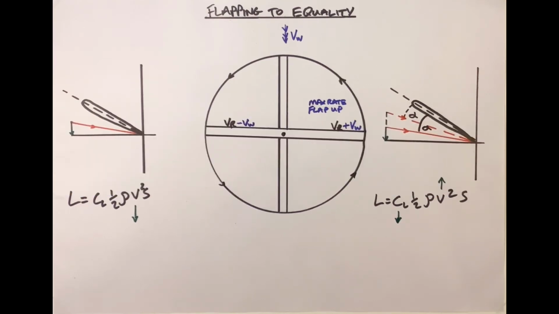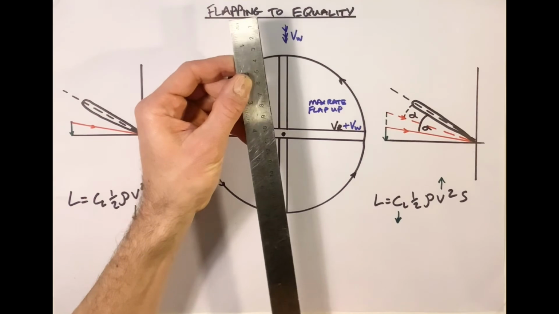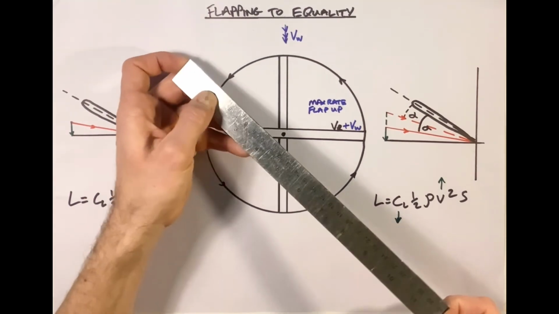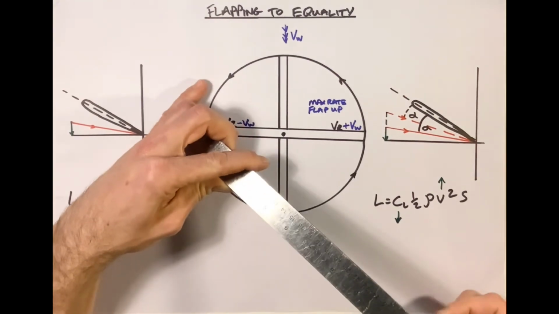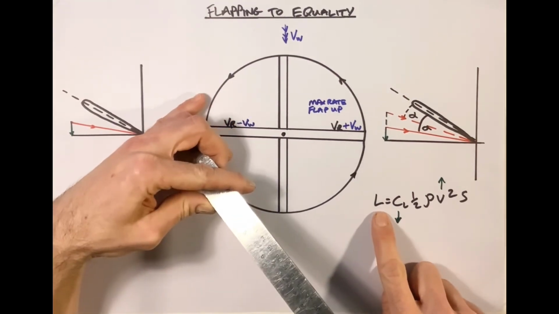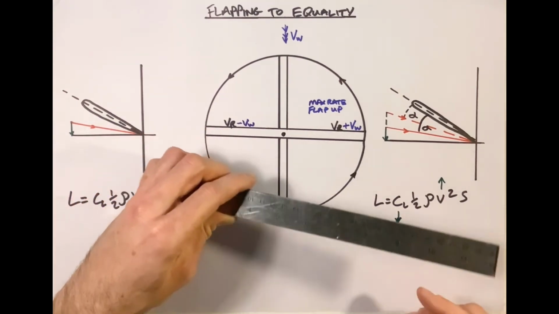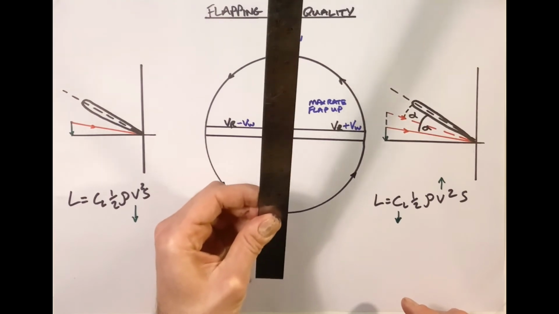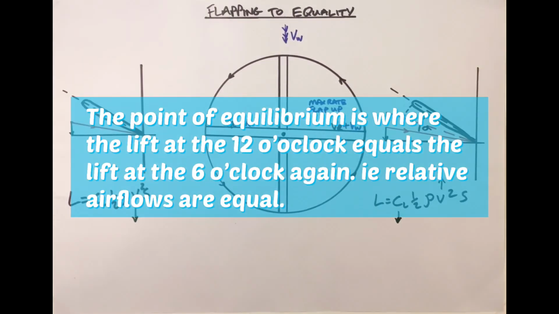So the flapping to equality is literally as the blade comes round onto a faster side, it flaps up, and the very act of it flapping up means that it increases the induced flow through the disc, which reduces the lift on this side, and so we slow our rate of flapping up to the point where we get to a point of equilibrium towards the front.